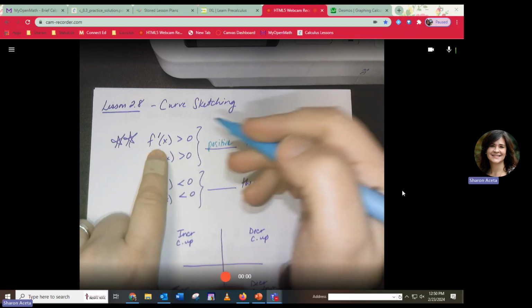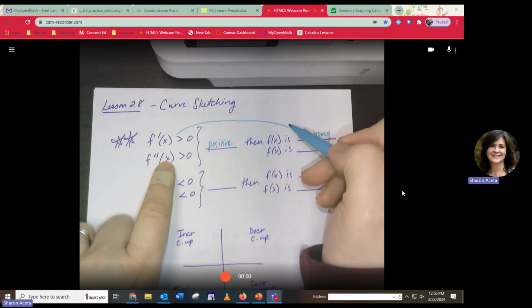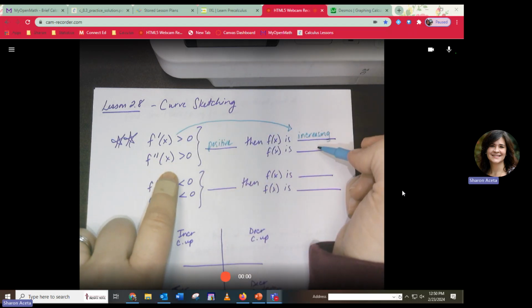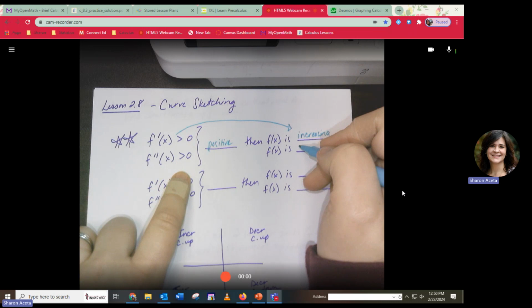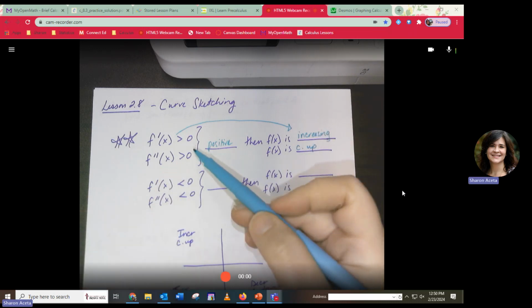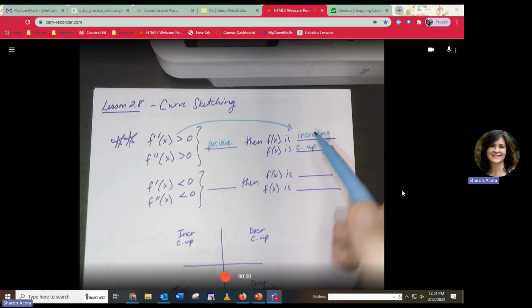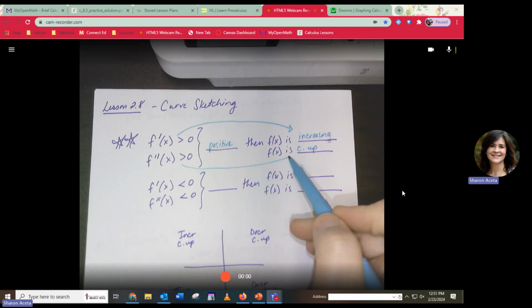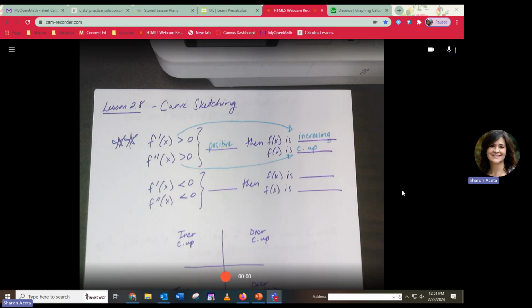The first derivative tells us whether we're increasing or decreasing. If it's the second derivative and it's positive, then we are concaving up. So when you see this notation, if it's the first derivative, it means increasing. If it's a second derivative, it means concave up.